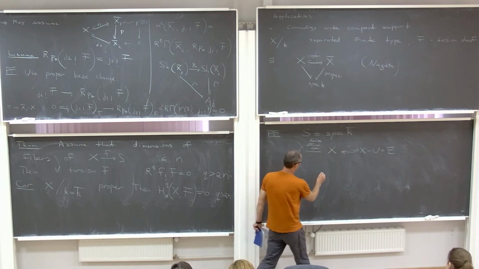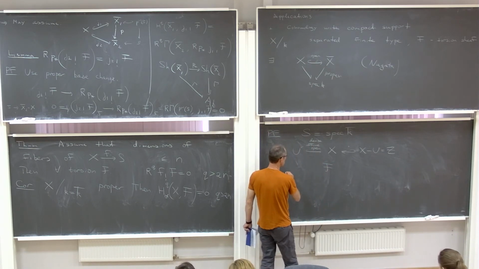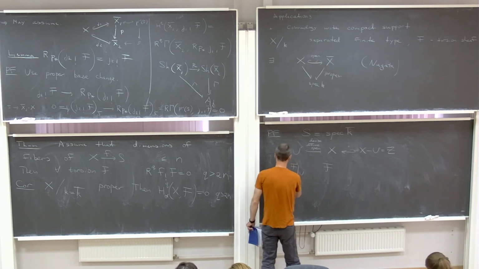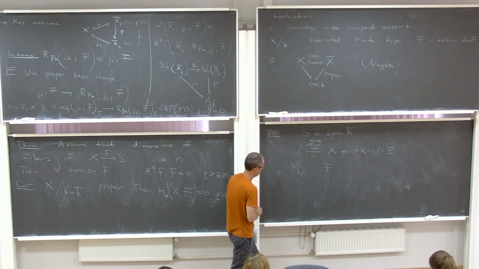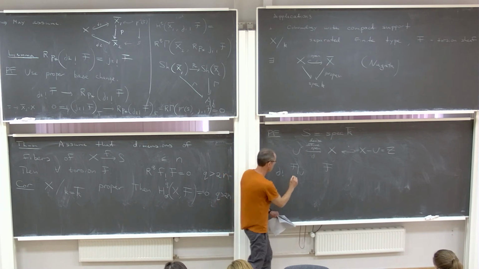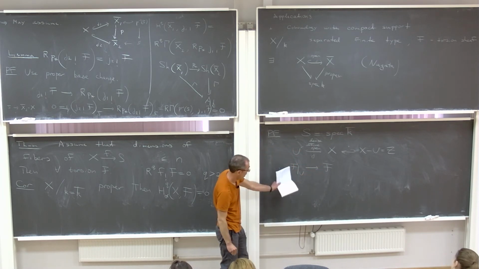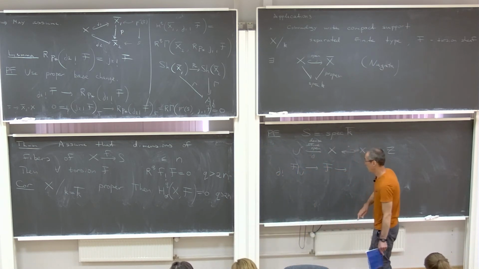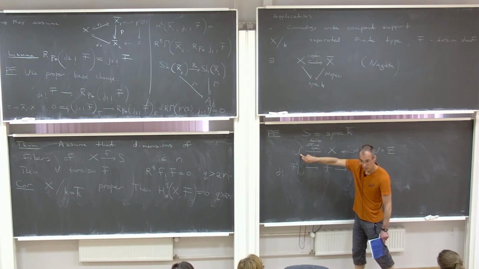And then for any sheaf F, I have an exact sequence. I can restrict F to U and take j lower shriek of this. That's the extension by 0, and it maps by adjunction to F. And this is an isomorphism on U, right?